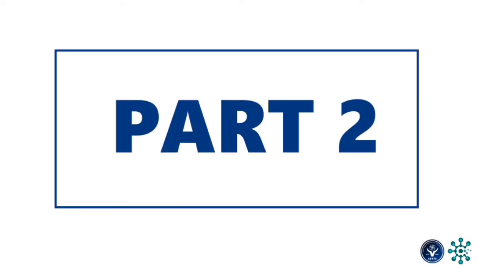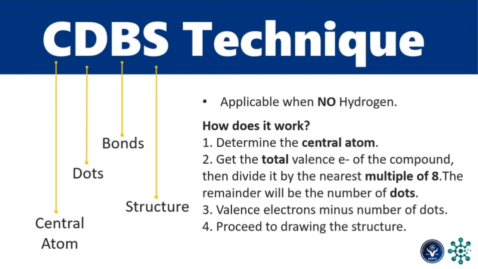For part 2, this is another technique. This is applicable when the structure has no hydrogen. So this is the CDBS technique. C stands for the central atom, D for dots, B for bonds, and S for structure. So how does it work? First, we will determine the central atom.